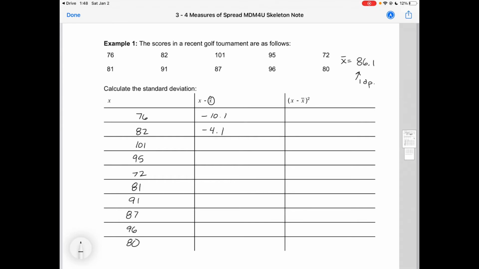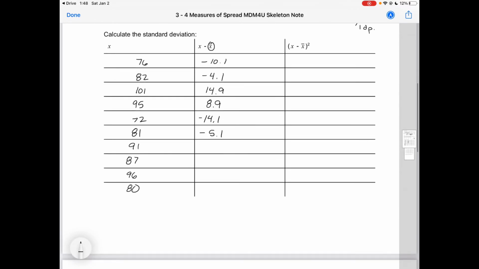So my first entry will be 76, take away 86.1, which gives me minus 10.1. And then we're going to continue on all the way through the column. What I might suggest here is that you pause the video and try to fill in the second column on your own, and then you can double check your answers to make sure that you are getting the same ones.